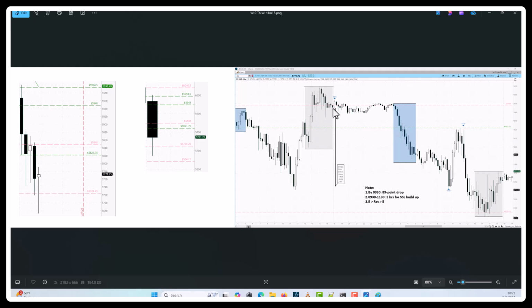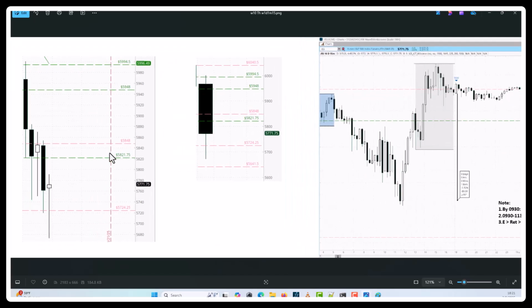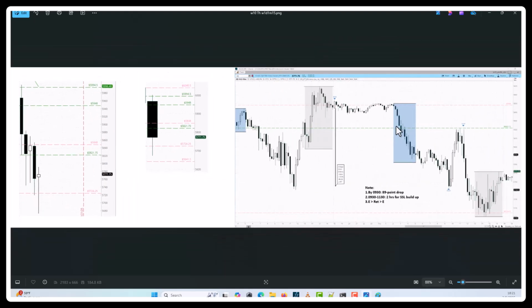But on the Thursday, you see that the open is above the level, but it opened below the key level right here. It opened below 59.49, 59.58, and it tried to go above that just a little bit. But at 9:30, it's way down at that key level. That's why it needs a retracement.